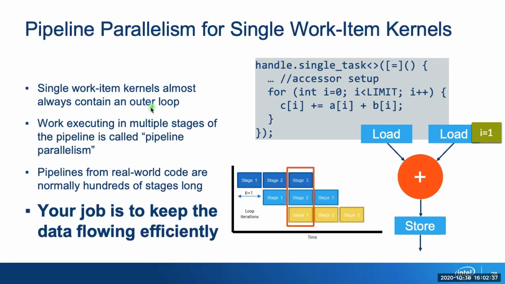They contain another loop that was not present in parallel for, because the parallel for corresponds to this other loop, and the work is executing multiple stages. That's why it's called pipeline parallelism. And we need to take this into consideration when writing the code. I will show you some concerns about that.